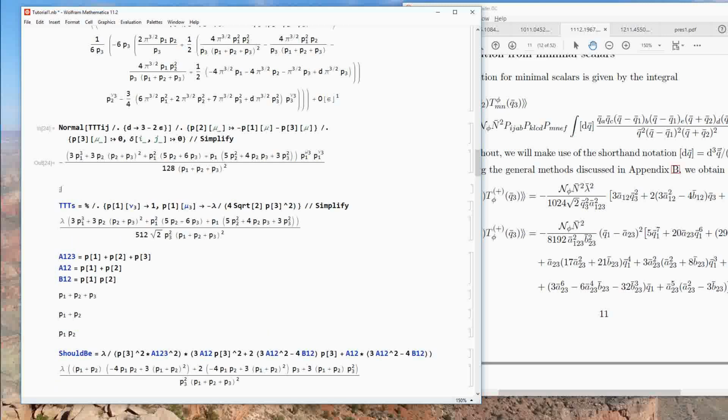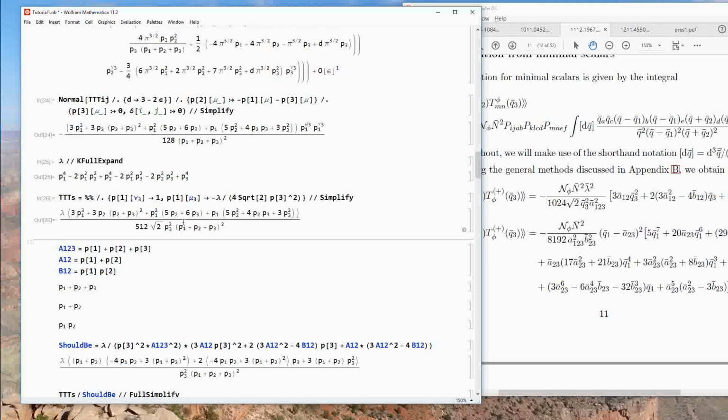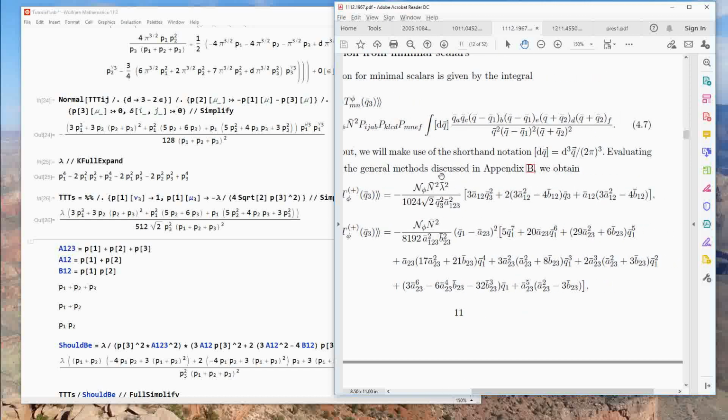So we can get it by using K full expand. So this is what lambda is. Okay, and this expression now should match exactly, well, not exactly, up to a constant, because I didn't care about these constants.